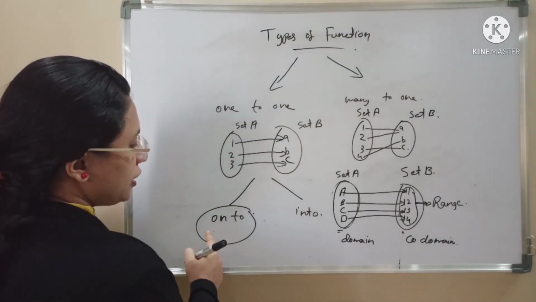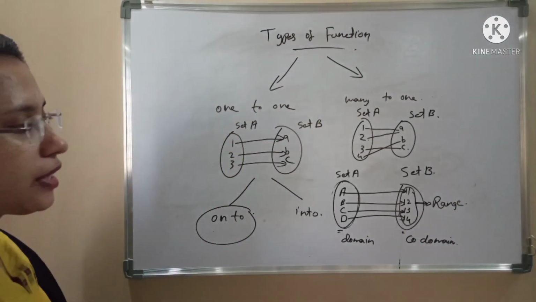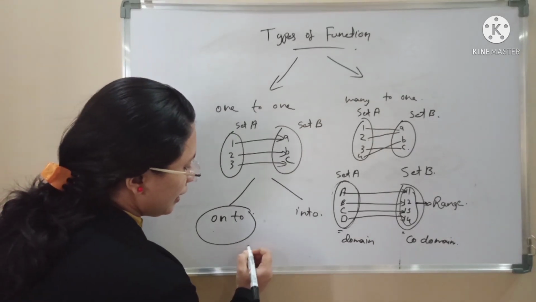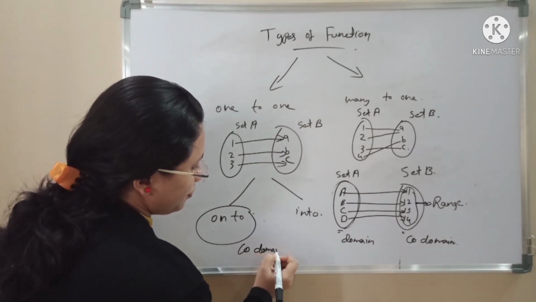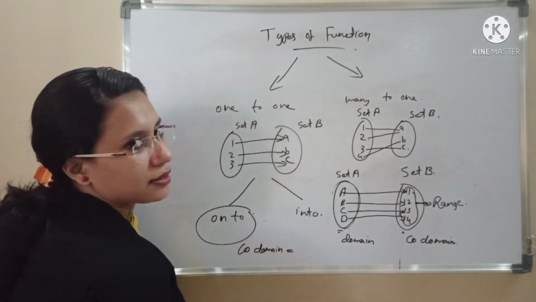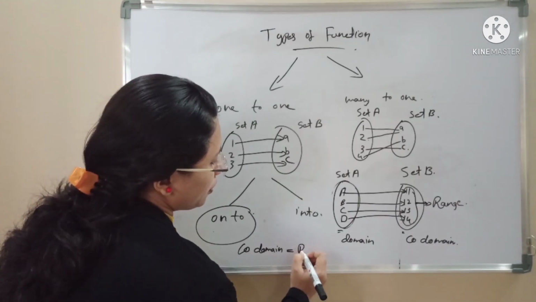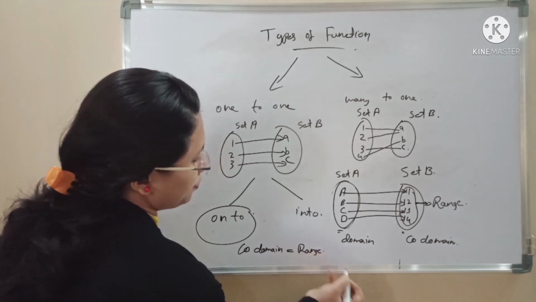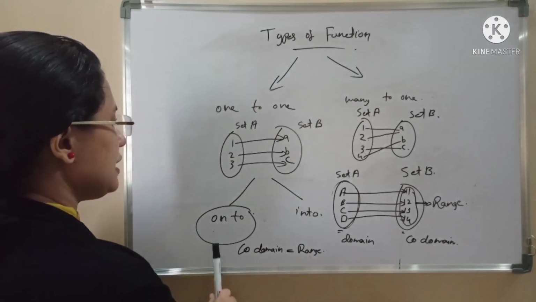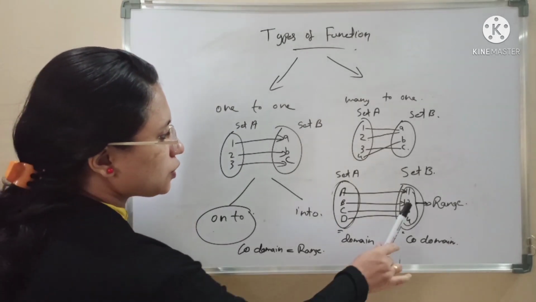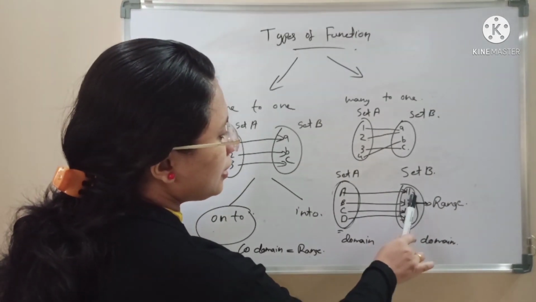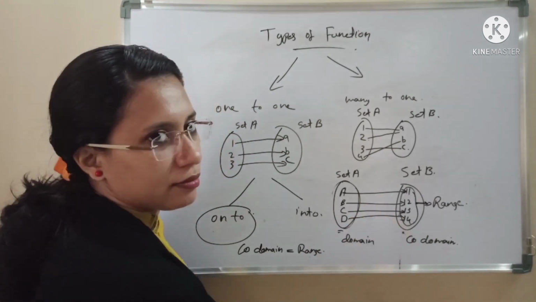So the condition of onto is if the elements in the codomain equal the range, then we can say it is onto. So the codomain elements are 11, 12, 13, 14.